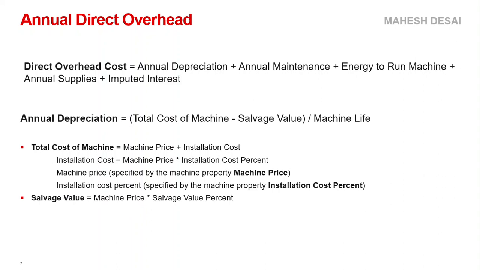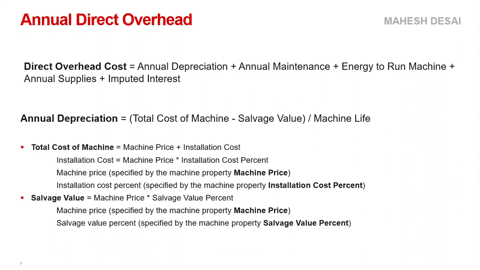Salvage value is a percentage of the machine price itself, the salvage value percent. Machine price is specified by the machine property, and the salvage value percentage is specified by the salvage value percent property. Machine life is also a machine property.